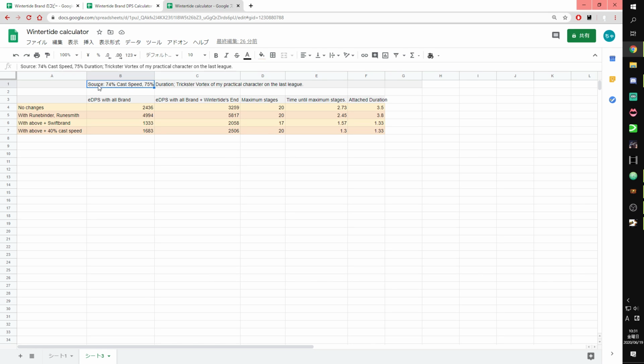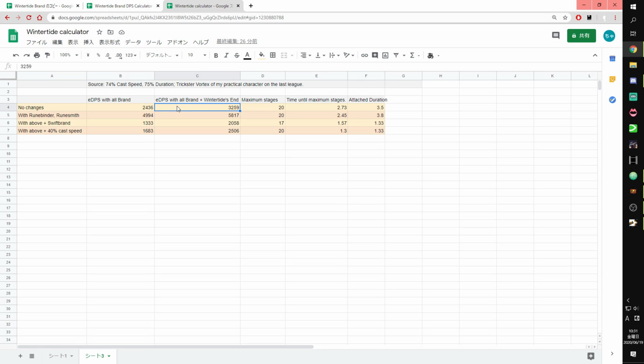If you play Wintertide Brand by just swapping gems from Vortex to Wintertide on my practical character from the last league, Trickster Vortex, the DPS with all brand is 2.4 thousand.